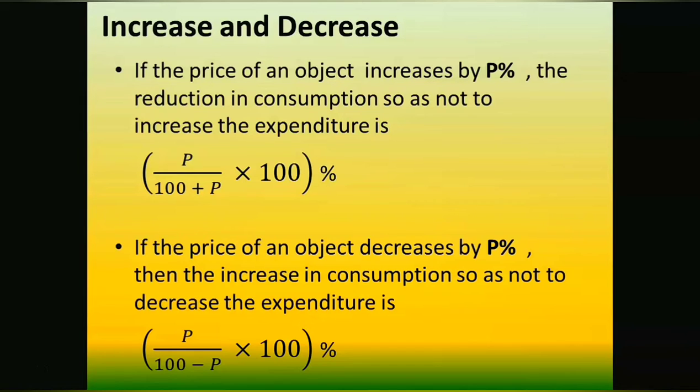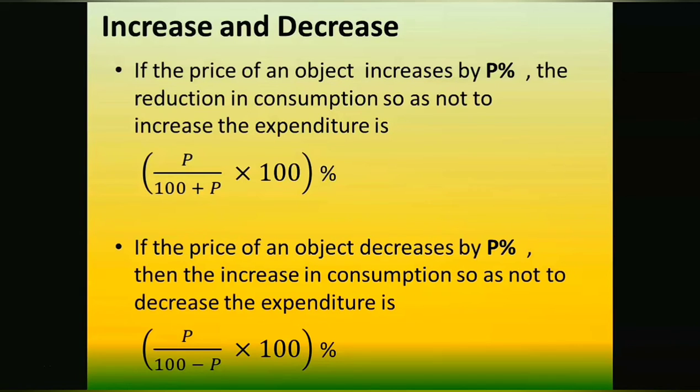Let's go to the next one. If the price of an object decreases by P%, then the increase in consumption so as not to decrease the expenditure is P divided by 100 minus P into 100, this much percentage.